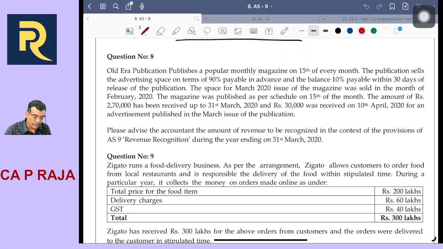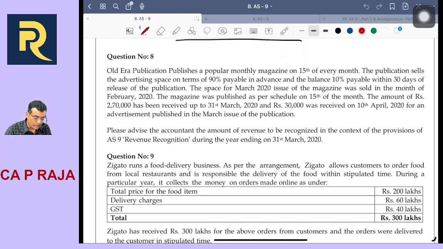The space for March 20 issue of the magazine was sold in the month of February 20. The magazine was published as per the schedule, 15th of the month. The amount of rupees 2,70,000 has been received up to 31st March 20 and 30,000 was received on 10th April 2020 for an advertisement published in the March issue of the publication.